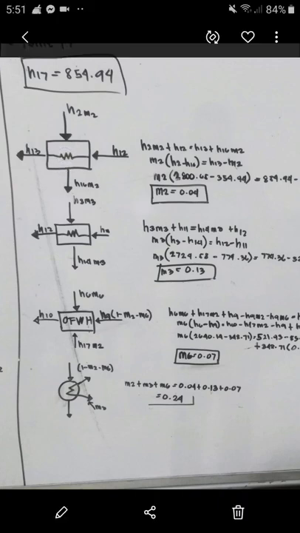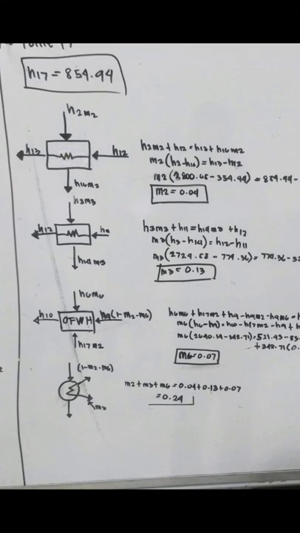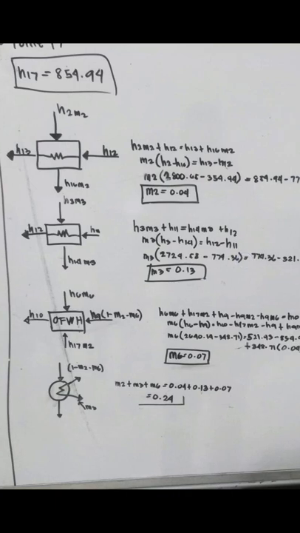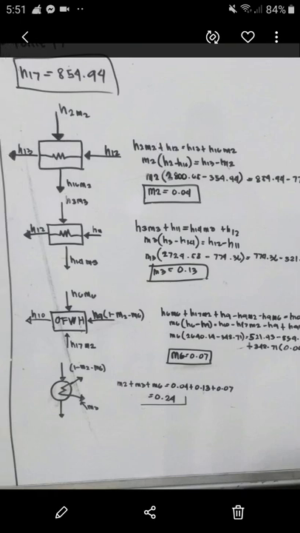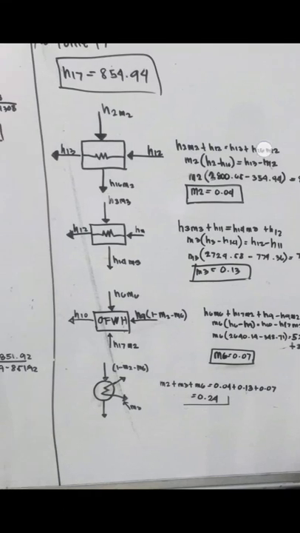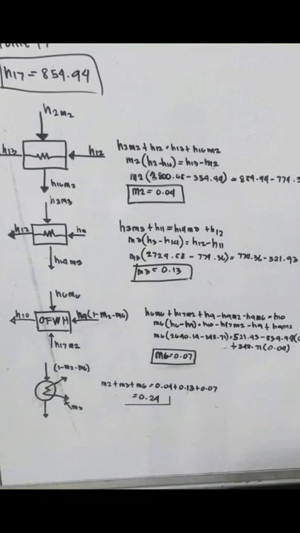At mass 2, we have to use this equation: enthalpy 2 times mass 2 plus H12 is equal to H13 plus H16 times mass 2.